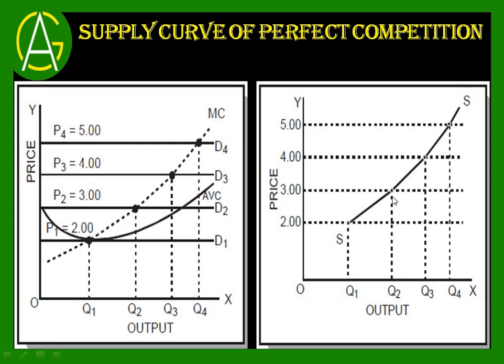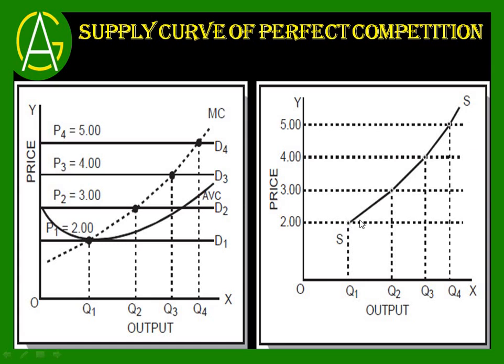So this is also the point of supply at the price of 3 rupees. When the firm has manufactured OQ3, the firm is going to supply OQ3 units. And if the firm has manufactured OQ4, it is going to supply OQ4 level of output. If we connect all these points, it becomes the supply curve of the firm.